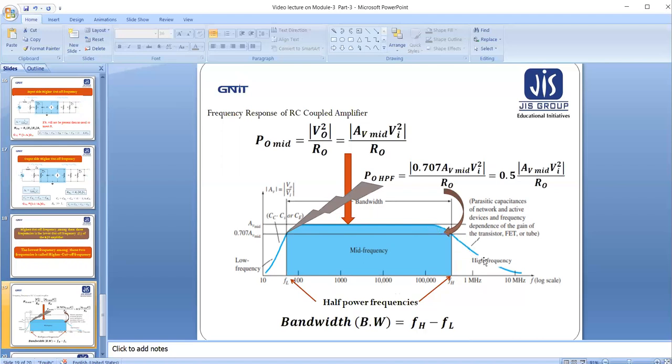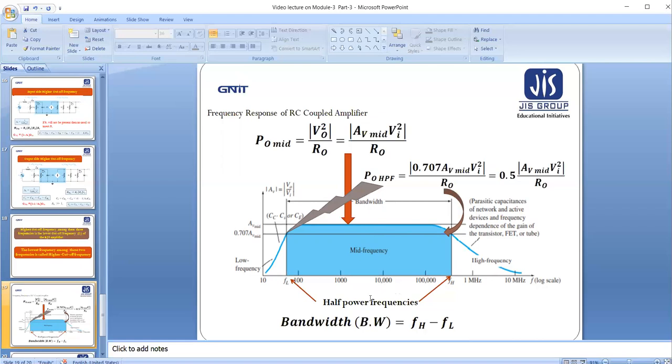This response is deteriorated due to the parasitic capacitance, and also due to these three capacitive effects, CC, CS and CE. So only during the mid frequency response, this capacitor and this capacitor will not affect so much.